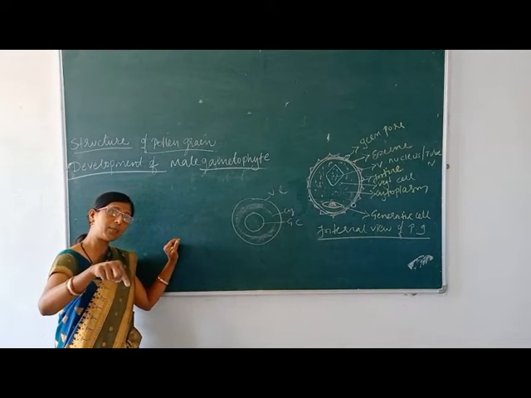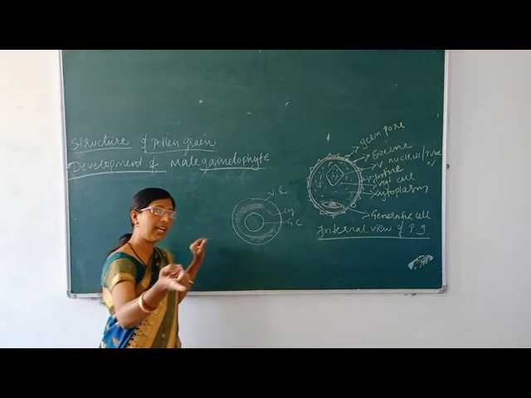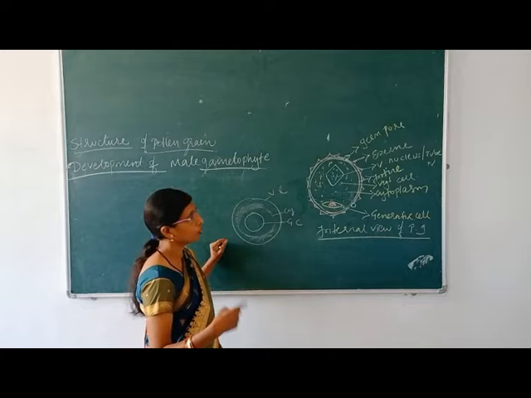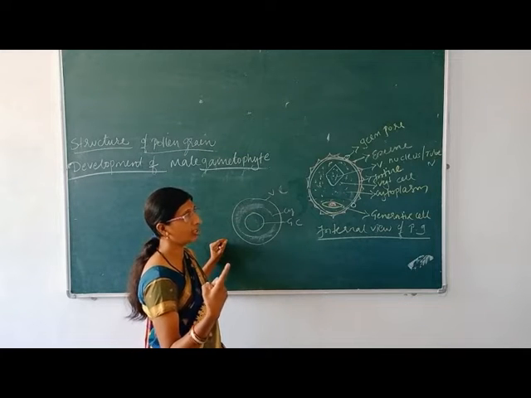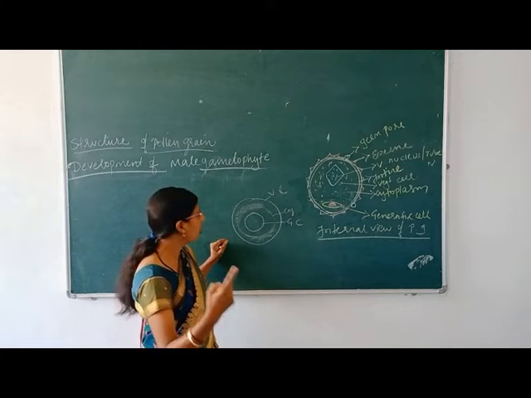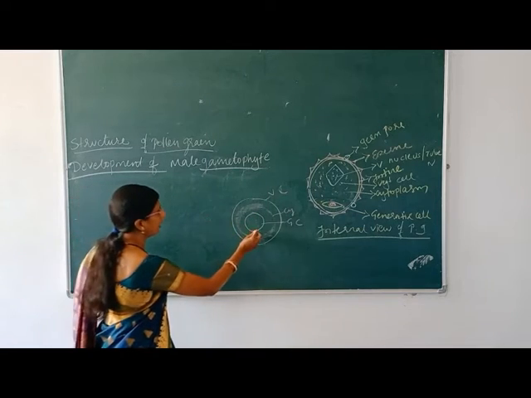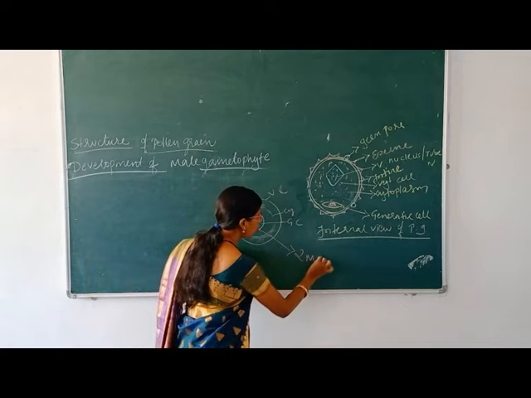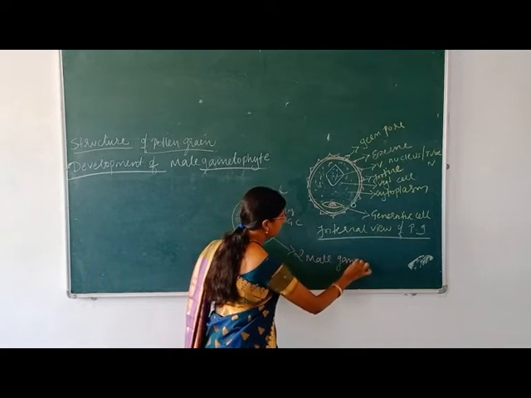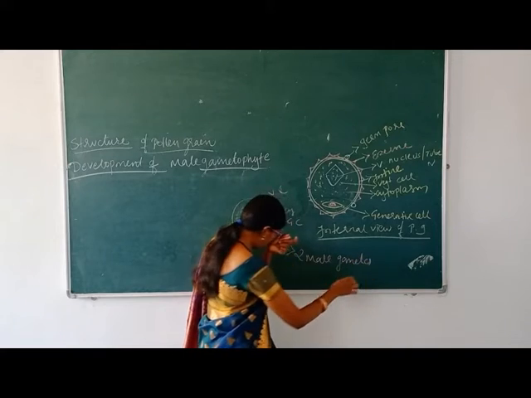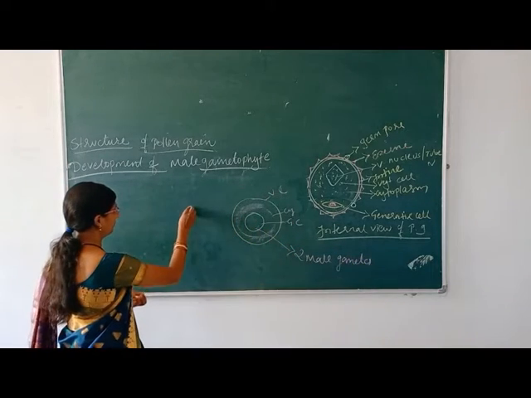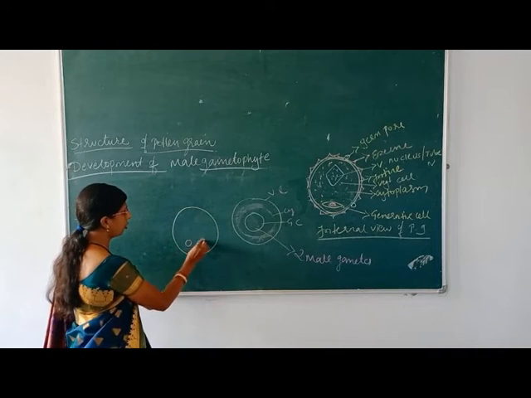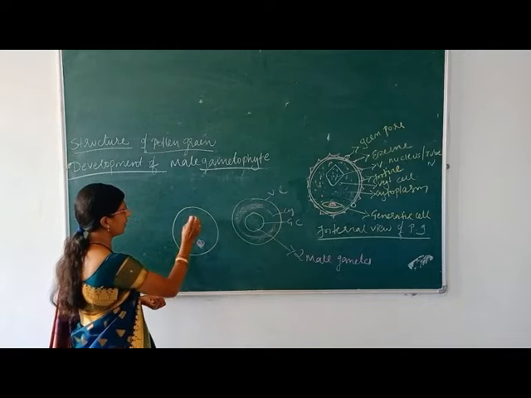When pollination takes place, the pollen grains shed, sit on the stigma and germinate. This is the two-cell stage, which we call a partially developed male gametophyte. If this generative cell again undergoes mitotic division to form the two male gametes, then this is the vegetative cell and the two male gametes, 1, 2, 3.